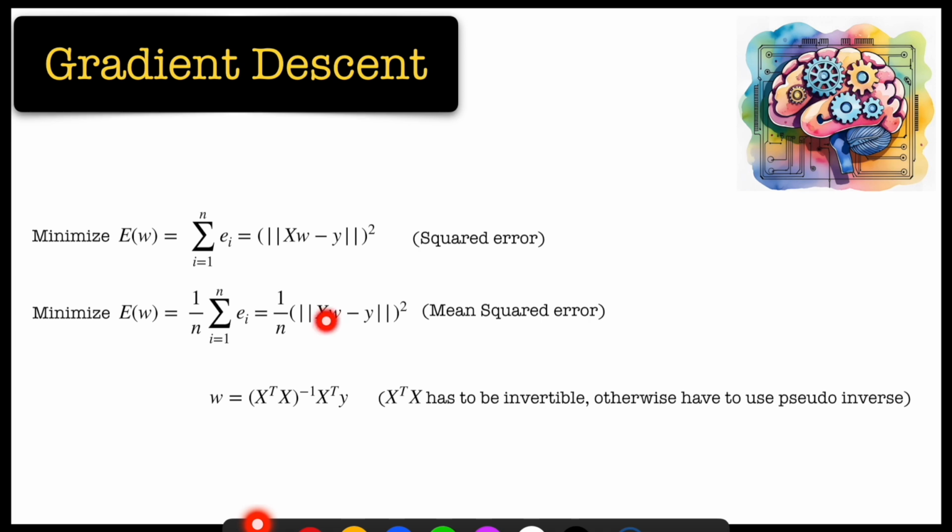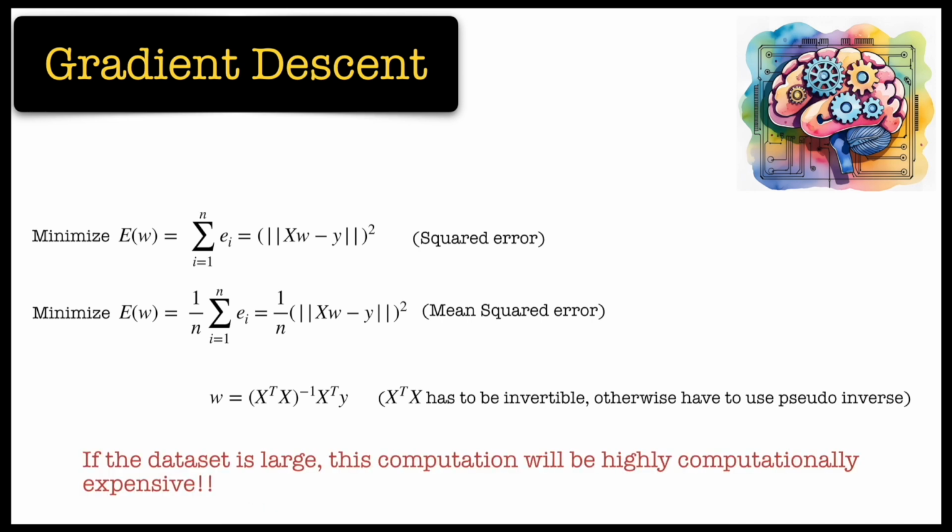Also, we got the value of w by solving this objective function, that is (X transpose X) inverse X transpose y. But to solve this, X transpose X has to be invertible, otherwise we have to calculate the pseudo inverse. And we also saw that if the data set is large, this computation will be highly expensive. So for a large data set, we cannot just use this computation to get our W.